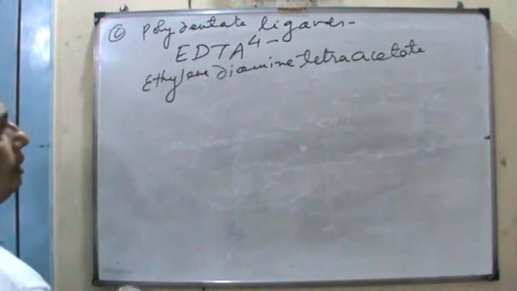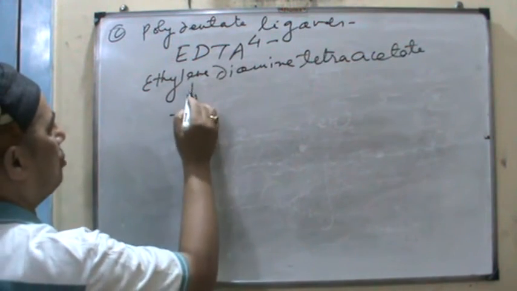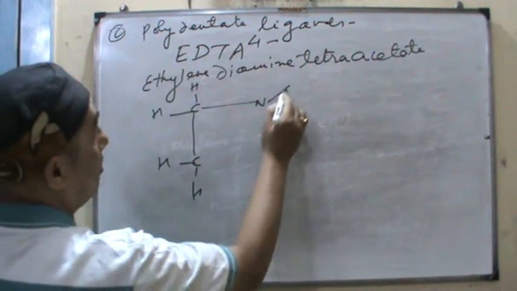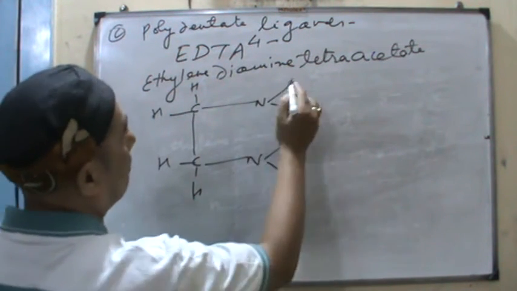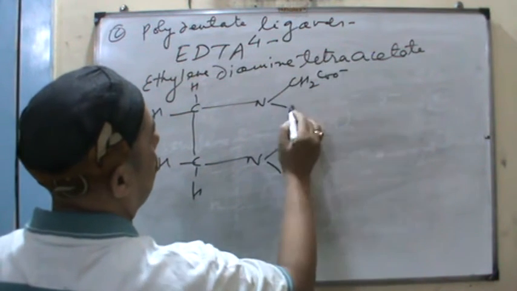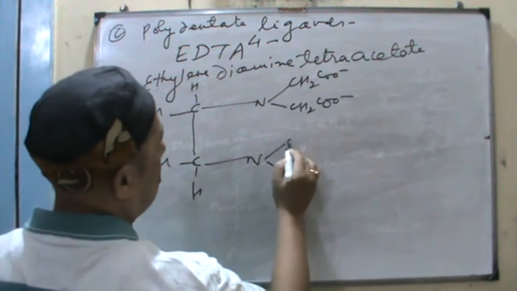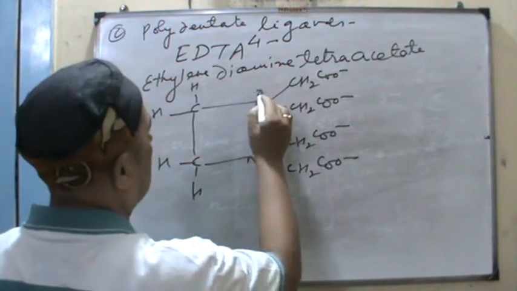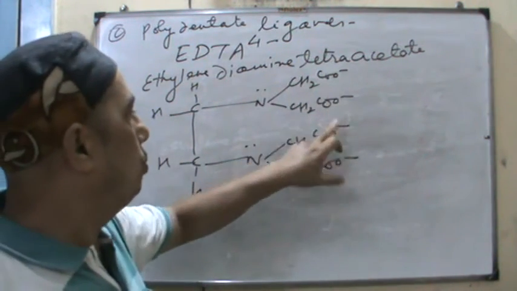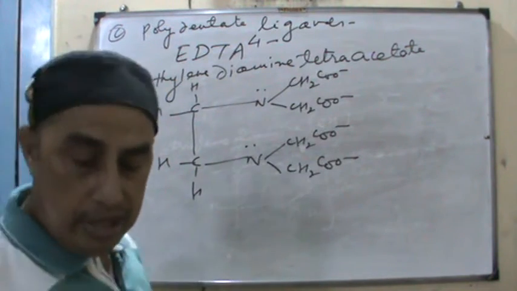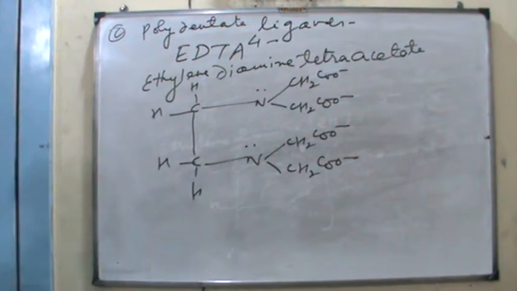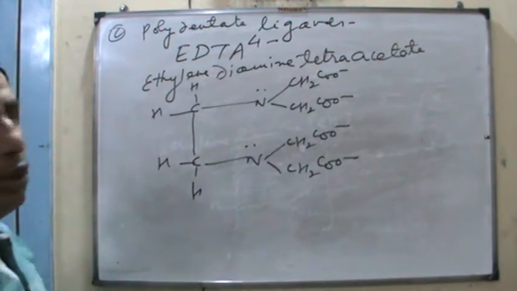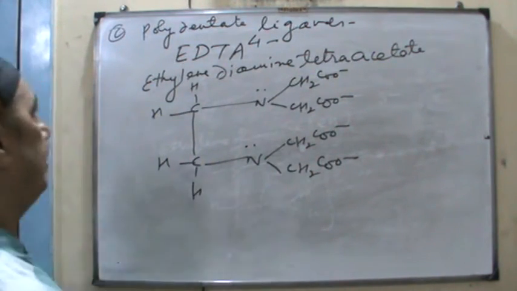How do you write the structure? First you write ethylene diamine, CH2 COO negative, CH2 COO negative, COO negative, COO negative. So how many donor atoms? 1, 2, 3, 4, 5 and 6. So these are called polydentate ligand. Ethylene diamine tetraacetate.